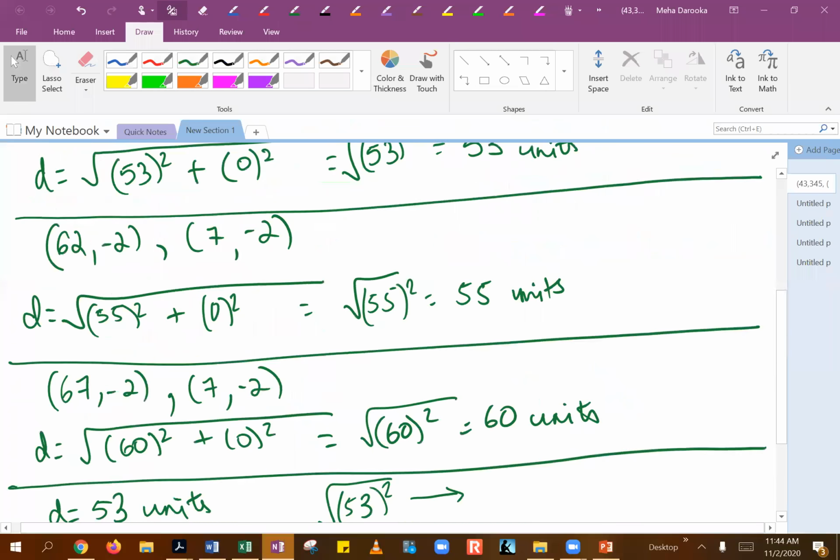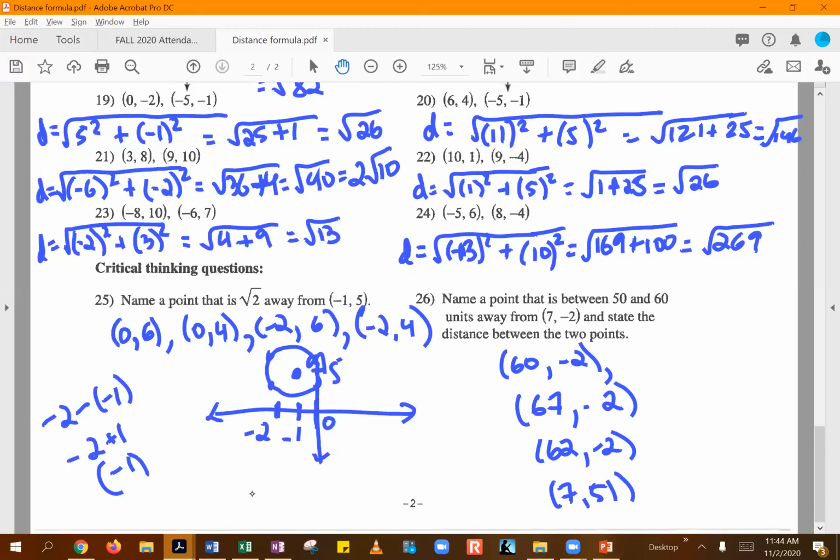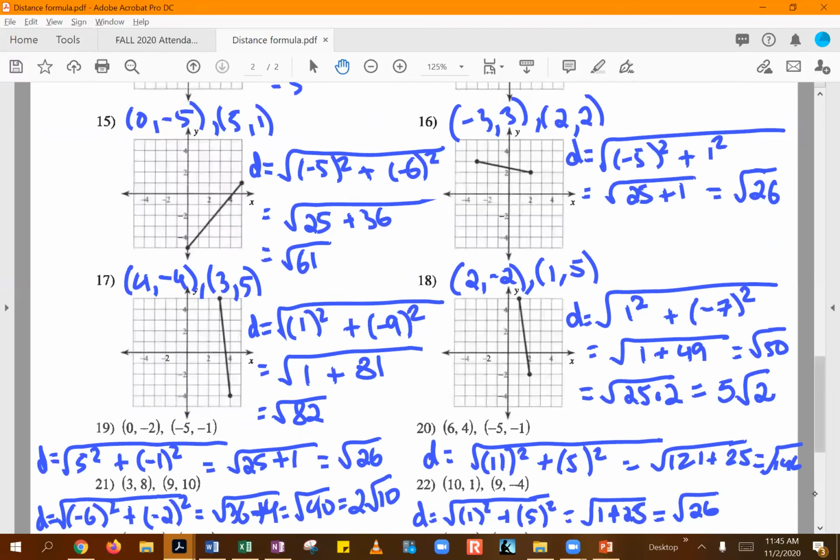And then, of course, Brandy's original, which was 43 and 34. So you will have a whole bunch of different ordered pairs that you can come up with to satisfy this. Alrighty, so this was just part of the critical thinking questions here with this distance formula.